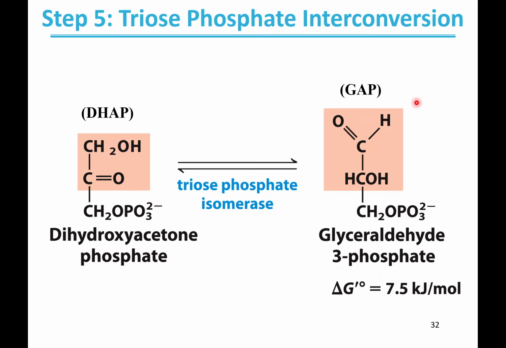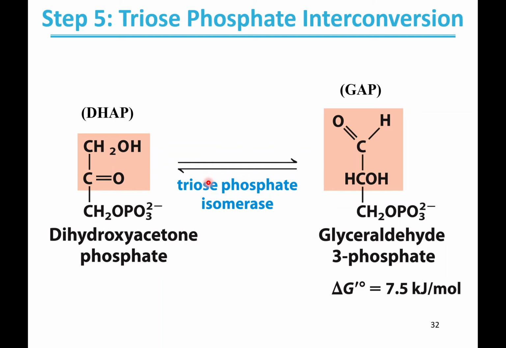Okay, step 5. In our class, we'll call this the last step of the preparatory phase. What you do in step 5 is convert the one molecule of DHAP into another molecule of GAP. This reaction is catalyzed by an enzyme called triose phosphate isomerase.